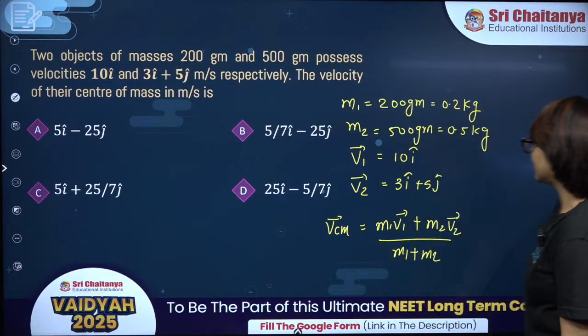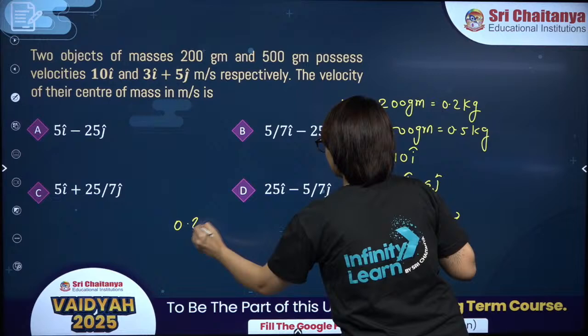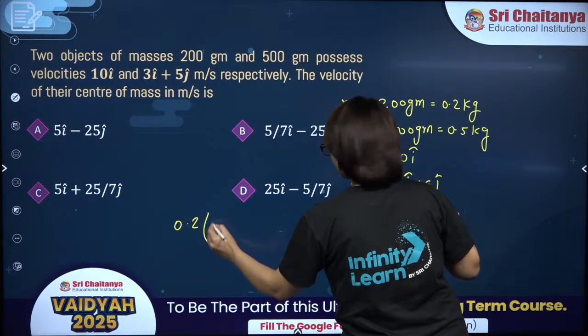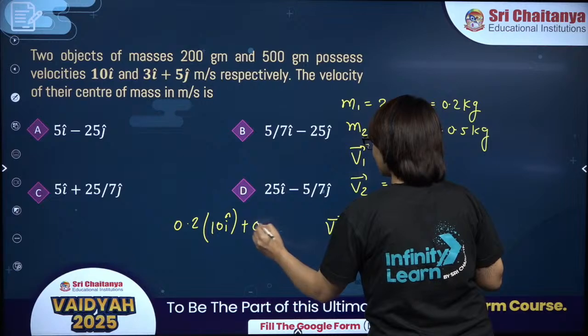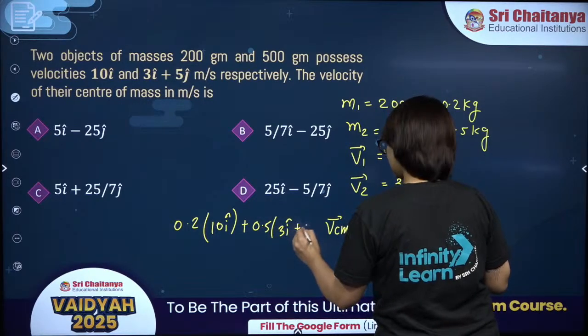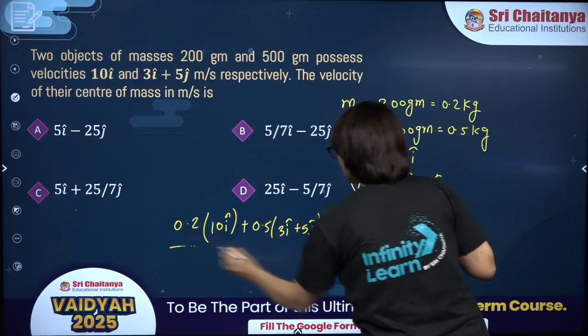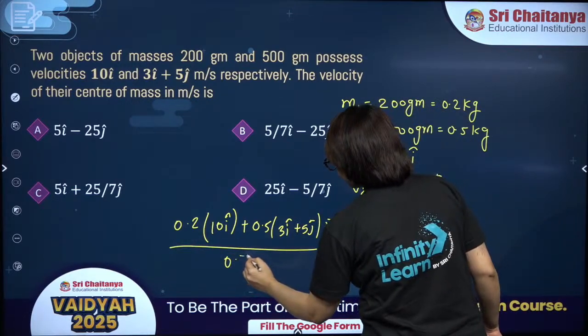Alright, m1 is 0.2, v1 is 10i, m2 is 0.5 and v2 is 3i plus 5j, divided by m1 plus m2, which is 0.2 plus 0.5, that is 0.7.